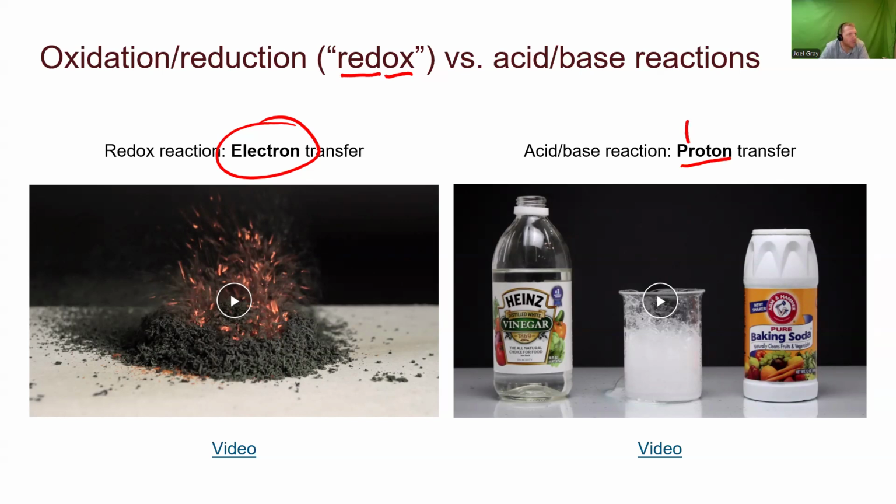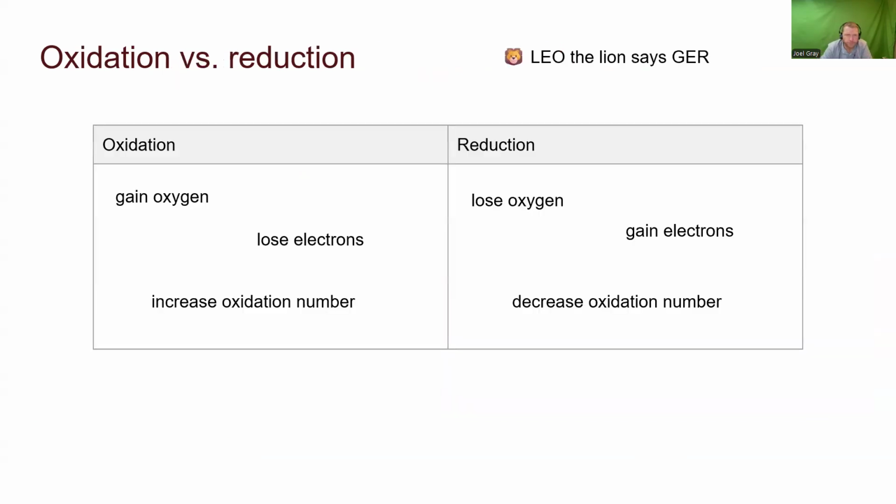So a proton, H+, going from one thing to another is an example of protons being transferred, whereas electrons, e-, going from one thing to another is the case in a redox reaction. I think that it's helpful to distinguish these two things from one another.